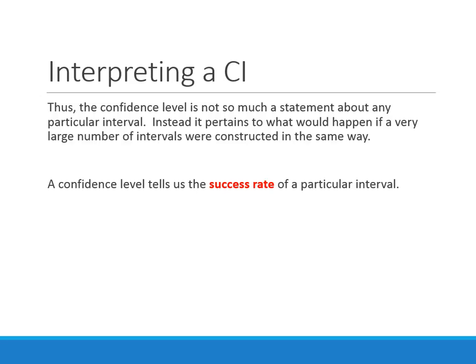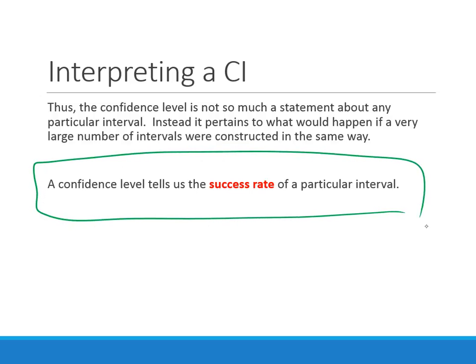The confidence level tells us about the success rate of the interval: in the long term, if I do this over and over, how many times will I catch the true value? So it's more of a success rate, and it's not at all a probability. This is the main thing to take away: the confidence level tells me about the success rate of a confidence interval.